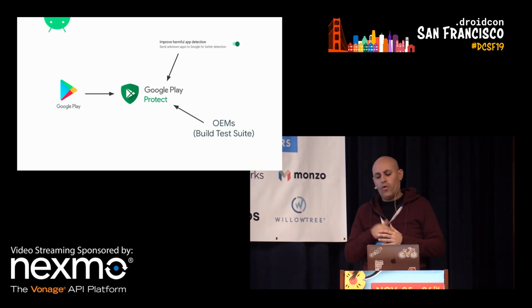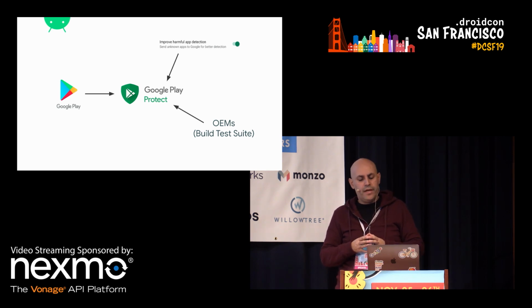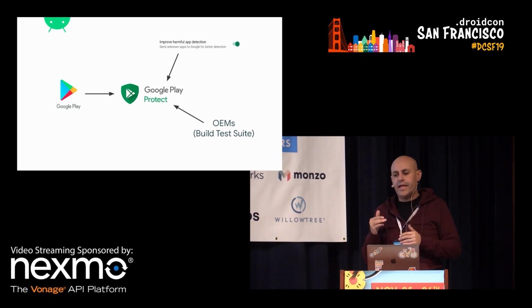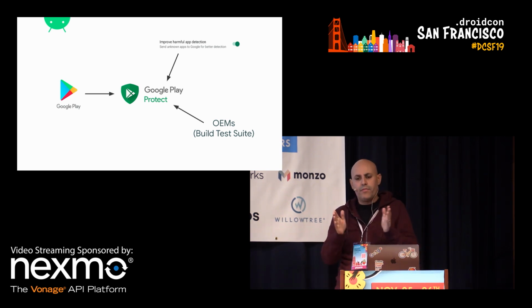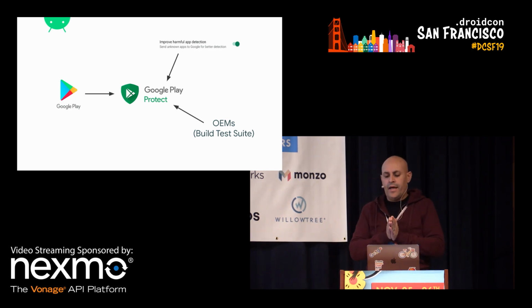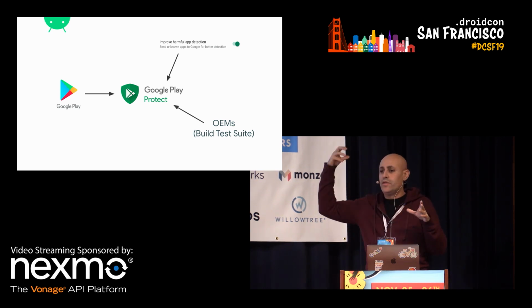Number 3, OEMs. The build test suite is a set of tests, security tests, that system images go through. So OEMs that are going through the process to certify their phones as Android phones need to go through this and many other tests: display quality, the version of the operating system, et cetera. In the case of security, there's the BTS test suite, and we are able to take the system image and extract all the APKs.